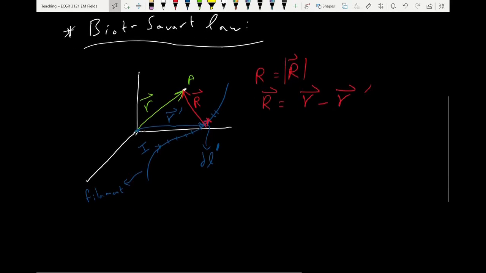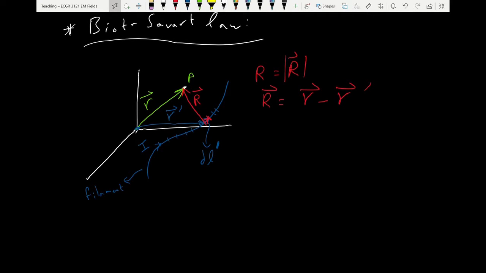Okay, so this is the setup for the Biot-Savart law. We have the current in a filament, we chop it up, we take one small element, and we can calculate the magnetic field due to this element with this setup. The field coming from the whole wire, from the whole current, is just going to be the summing up of all the elements. So what is the magnetic field dH from one element?